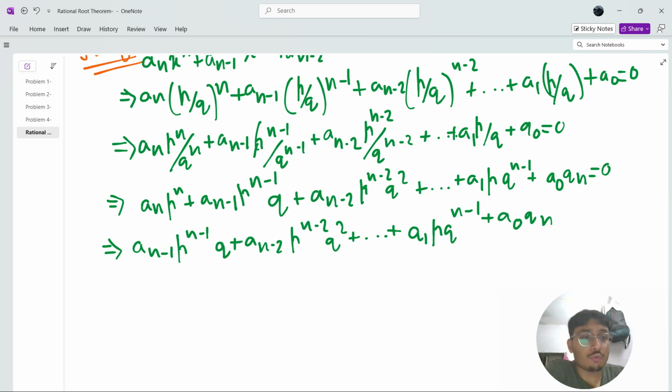This is my q to the power n. Okay, this is a slight mistake: q to the power n, this is not a suffix. This is basically minus a_n p^n, because I'm taking this a_n p^n to the right hand side.